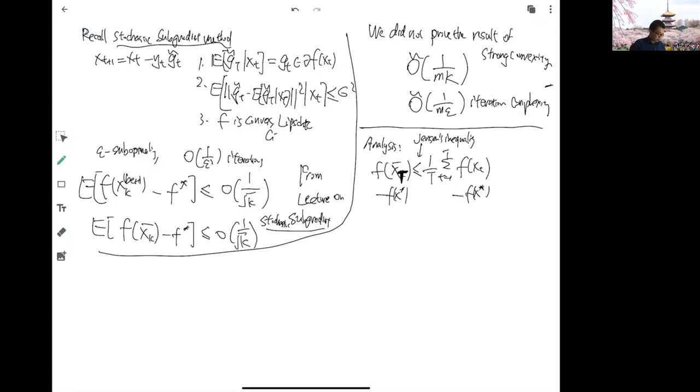And now let's apply the linearization. Let's apply the definition of convexity again on this function f, which will give us 1 over t sum from 1 to t of g_t inner product x_t minus x star.